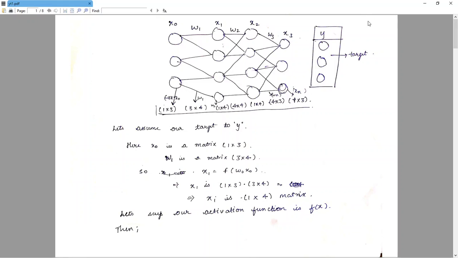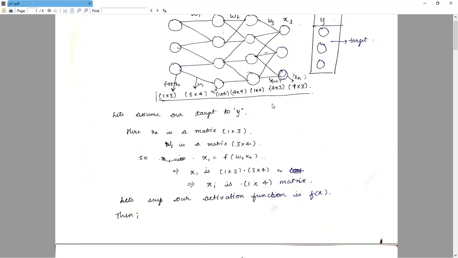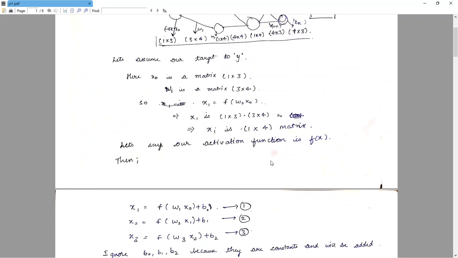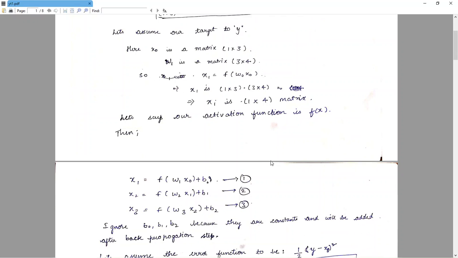Let's say our target output, the expected output, is y, and our activation function is f of x. The activation function is something like the sigmoid function or tanh function or anything you want.